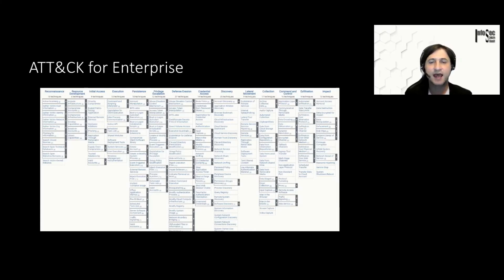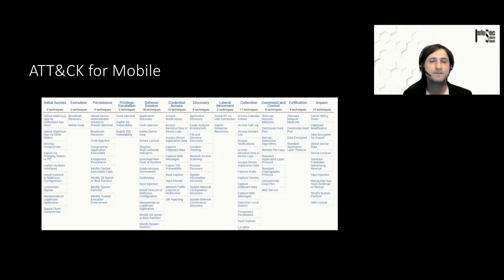And the second change that happened last year was the introduction of sub-techniques, which allows a much more granular expression of what an adversary is actually doing. So those are two changes that happened recently. And another thing that I think a lot of people do not know as much about is that there's a separate matrix for mobile, for phones, and those two are not yet merged together.